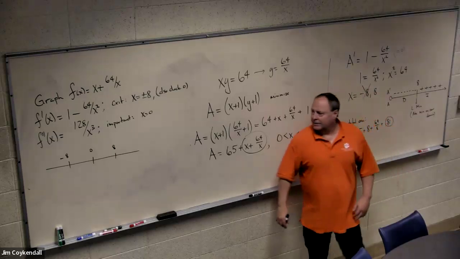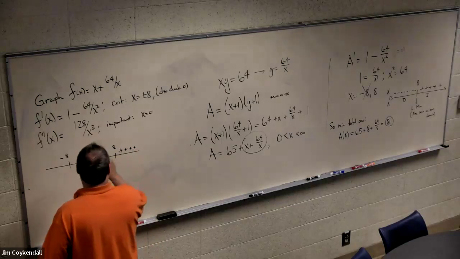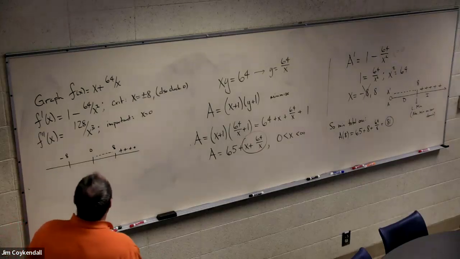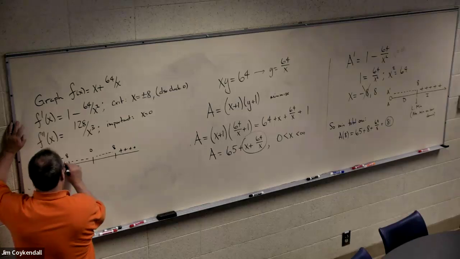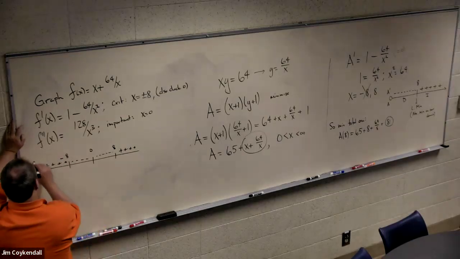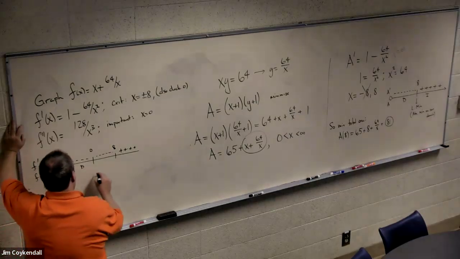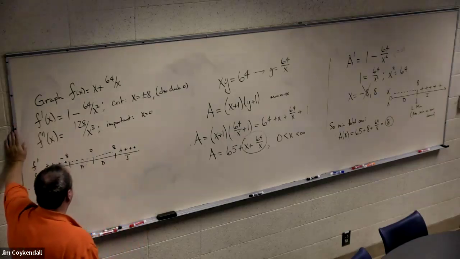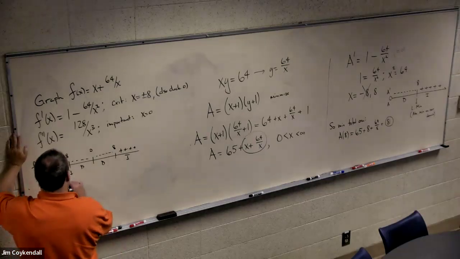Positive, negative, and when you change over sign, this is F, so this increases, decreases, decreases, increases. This is a local max.